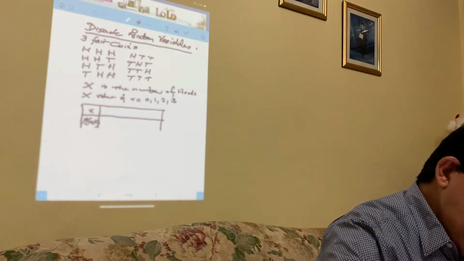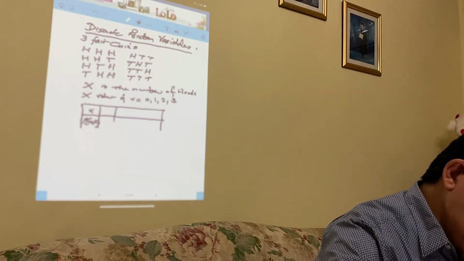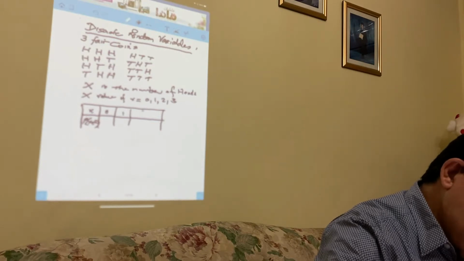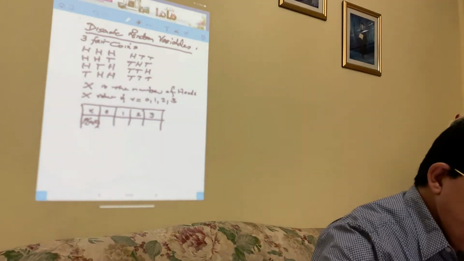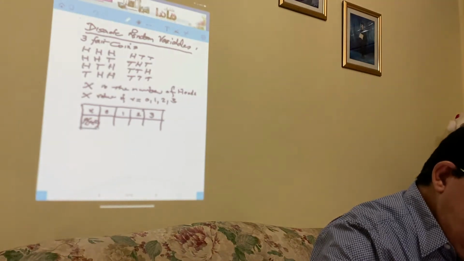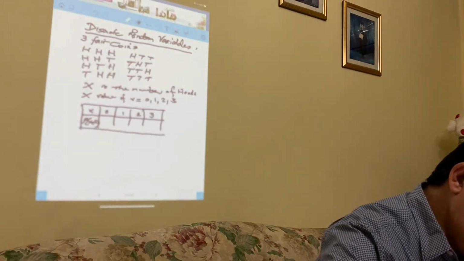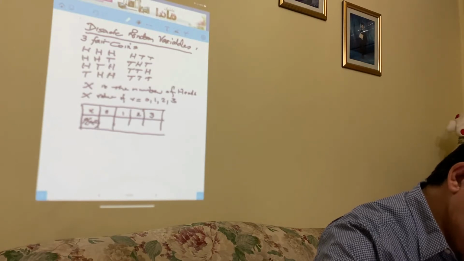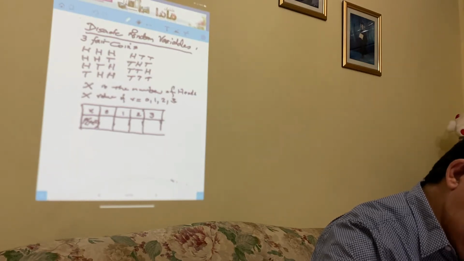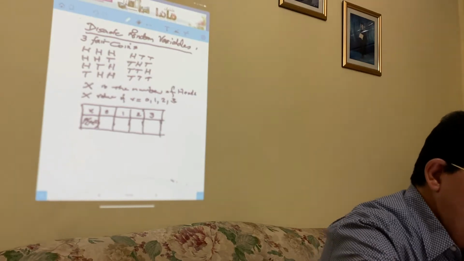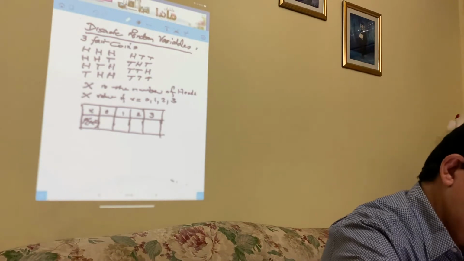The variable capital X can have values of 0, 1, 2, and 3. What are the probabilities? We can get the answer from what we got above.